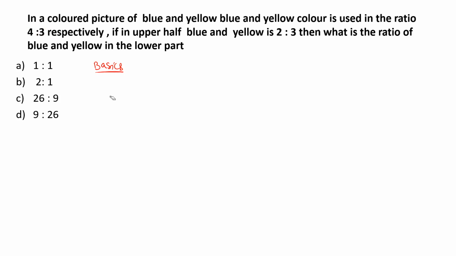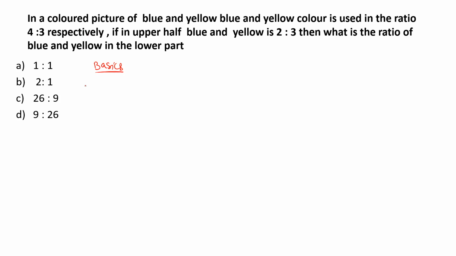Out of 4, some blue was used in the upper part and some yellow was used in the upper part. Then the amounts of blue and yellow in the lower part would be obtained by subtracting what we used in the upper part from the total.